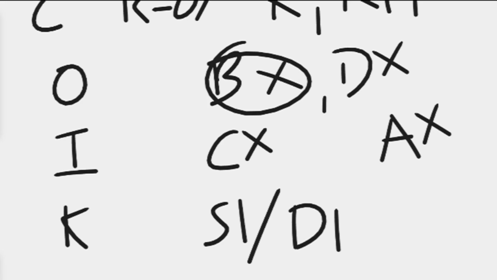Well, we could exchange BX, CX, DX with each other anyhow, it would not matter. But using CX for inner loop gives us a slight advantage in writing the code. How, I will let you know. I hope you have understood what I said till now. Let's move to the code now.